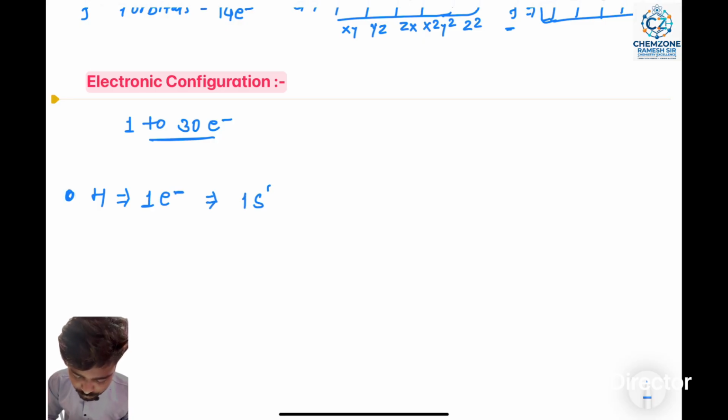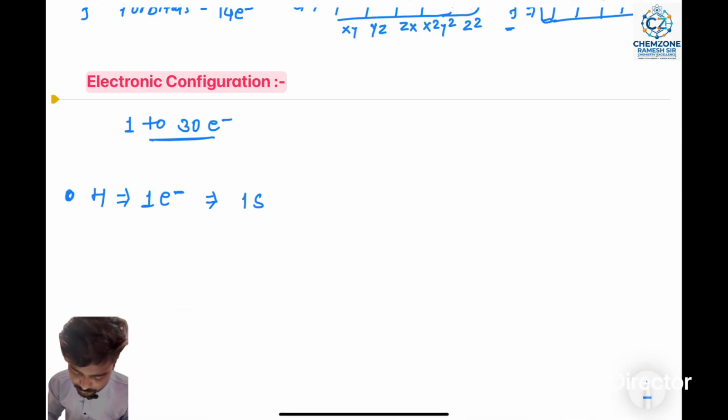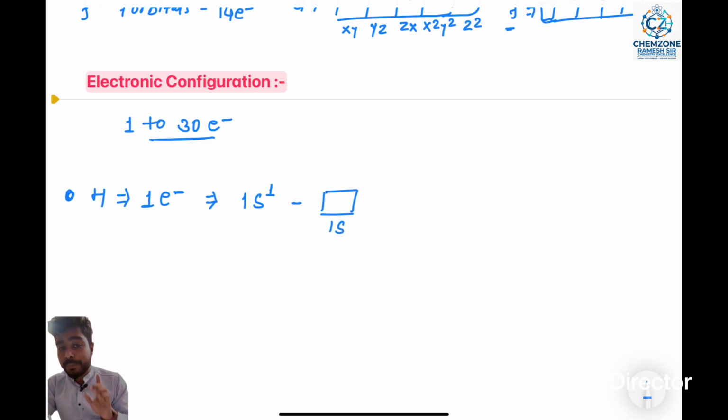So 1s1, because 1 electron is present. Sorry, my mistake. So it is 1s1, meaning 1 electron is present in the s orbital. Here, the 1 is your principal quantum number.